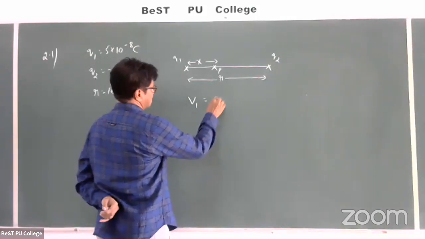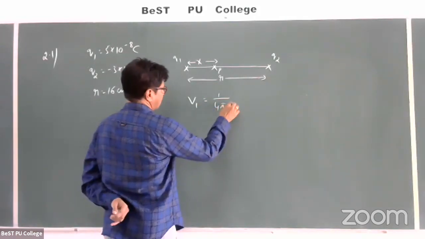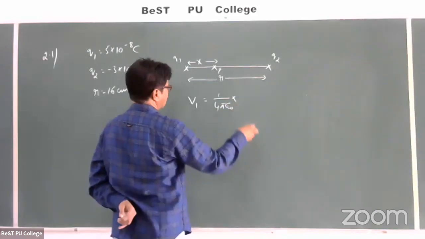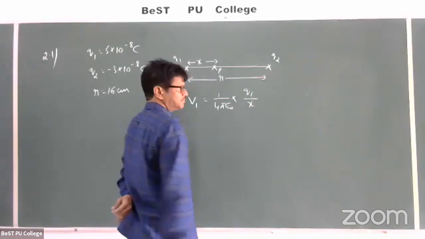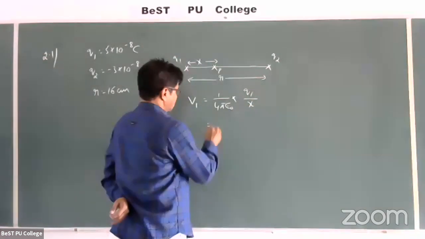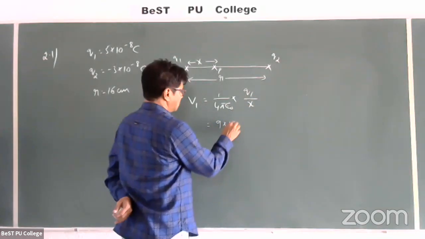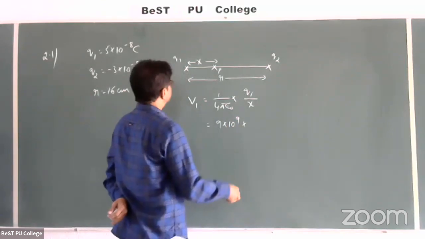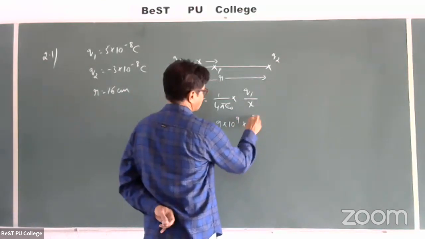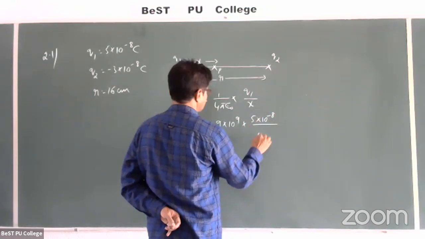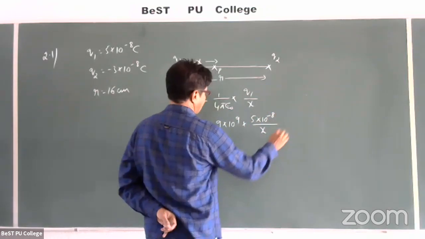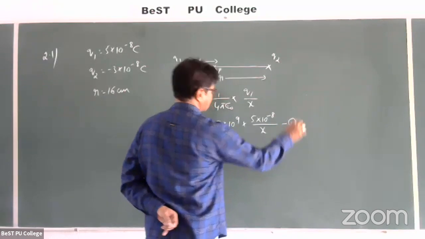So V1 is equal to 1 by 4 pi epsilon naught Q1 by x, which is equal to 9 into 10 to the power of 9, Q1 value is 5 into 10 to the power of minus 8 divided by x. Call it as equation 1.